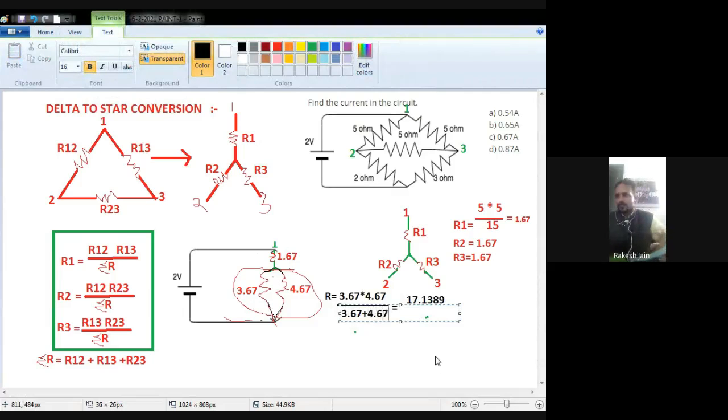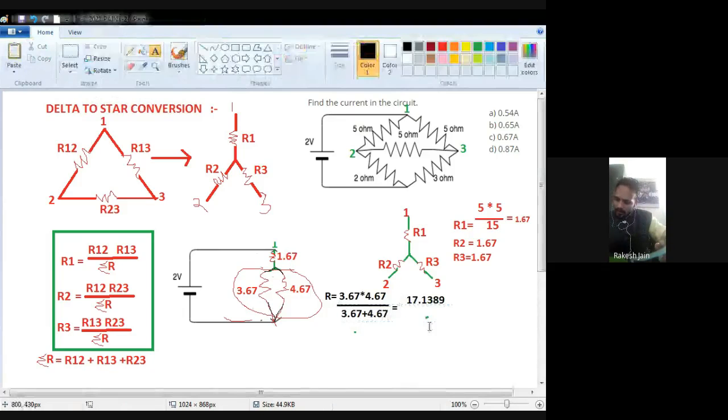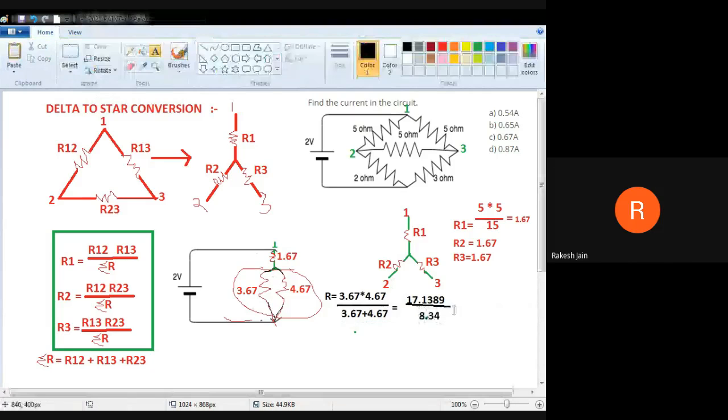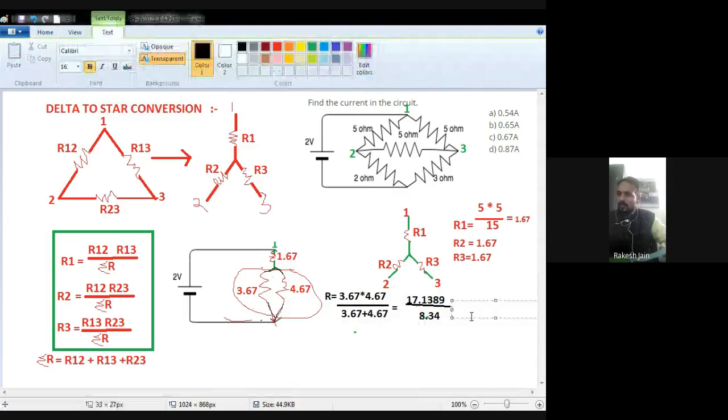So how do we find the parallel answer of 3.67 and 4.67? The parallel combination is 3.67 multiplied by 4.67 divided by the sum of these two, 4.67 plus 3.67. Let me find the answer, wait for a while. 3.67 multiplied by 4.67 is equal to 17.1389.